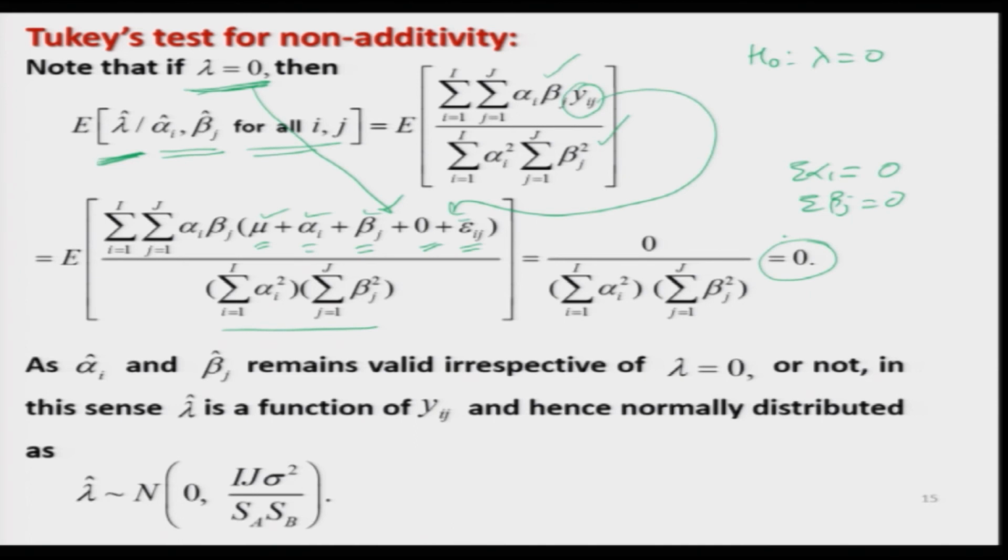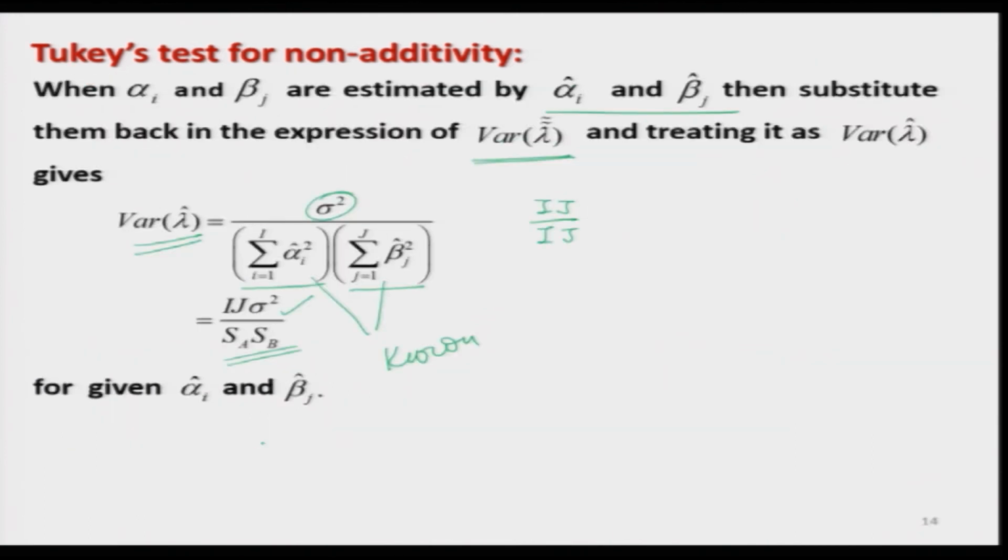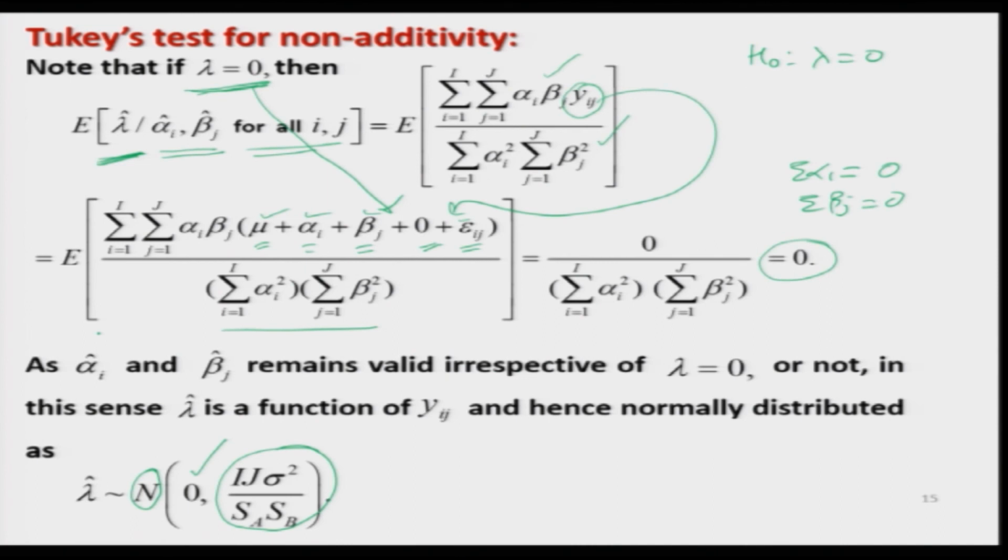And y I j's are assumed to be normally distributed. So, lambda hat will have a normal distribution with mean 0 and variance I j sigma square divided by S A S B, which is the variance you have obtained here, right.